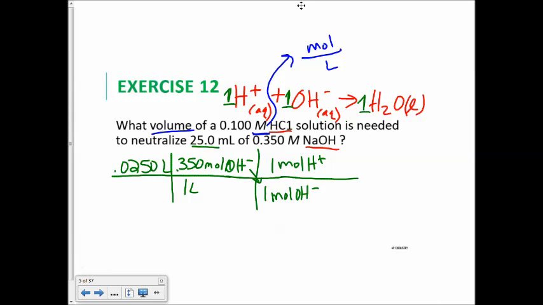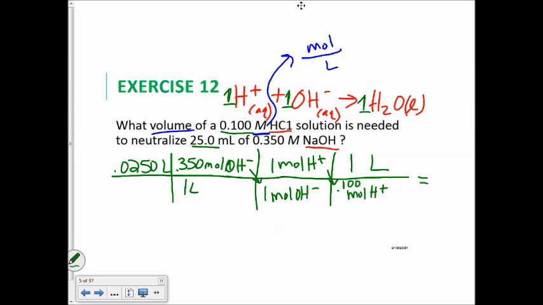So if I diagonal down my moles of H+, I can go to liters, right? 1 liter equals how many moles? Right? So see how it goes in one nice big long track here.